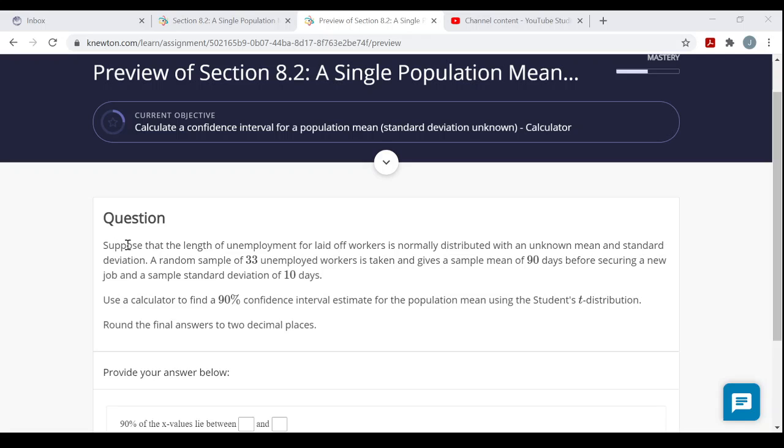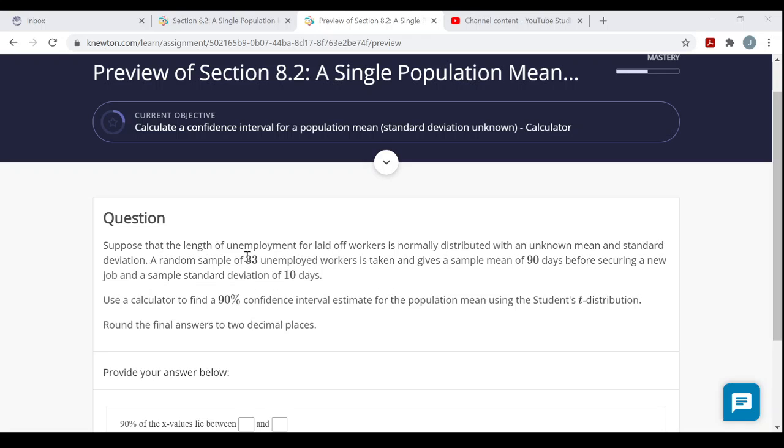Suppose the length of unemployment for laid-off workers is normally distributed with an unknown mean and unknown standard deviation. A random sample of 33 unemployed workers is taken and gives a sample mean of 90 days, the average length of unemployment for these 33 people before securing a new job, and a sample standard deviation of 10 days.